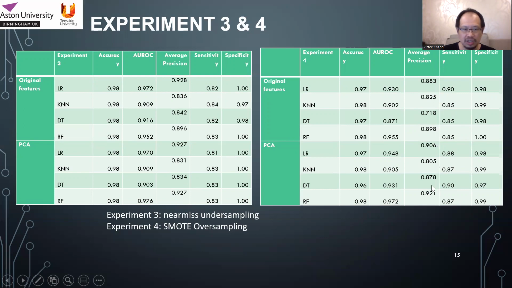So it may mean oversampling is probably sometimes doing too much. Sometimes we have to do better by doing less, but sometimes we have to do a bit more, and we do not know which one is a better approach. But in this case, the sensitivity is slightly higher than the result in experiment 3. And for the specificity, here you have more ones, but here you have more 0.9998 and so on.